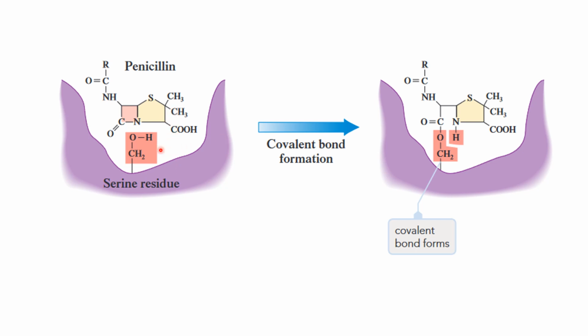Penicillin forms a covalent bond. So you have here the covalent bond with the serine residue, resulting in irreversible inhibition of the enzyme. So the penicillin permanently blocks the active site.